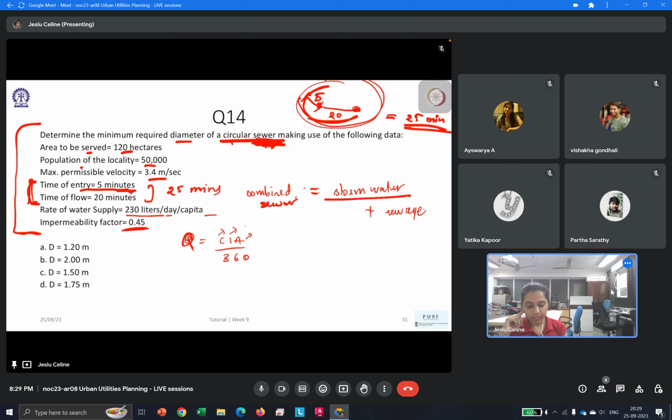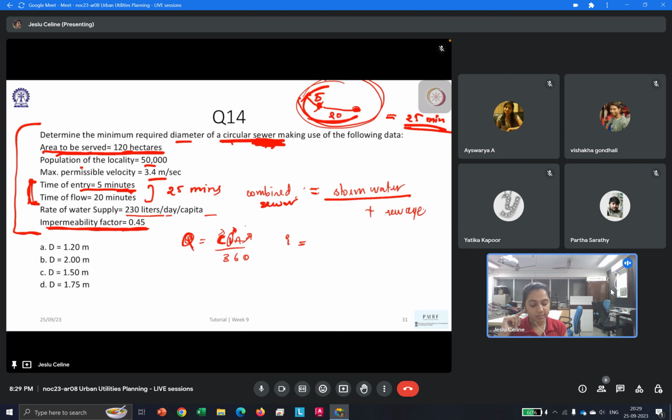We know the area to be served is 120 hectares. C is also known, since the impermeability factor is given, but we do not know what I is. How do we find I?